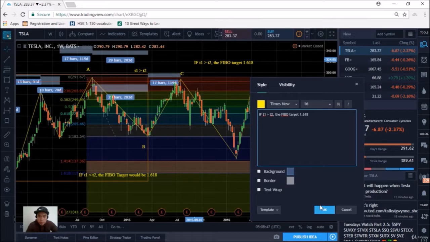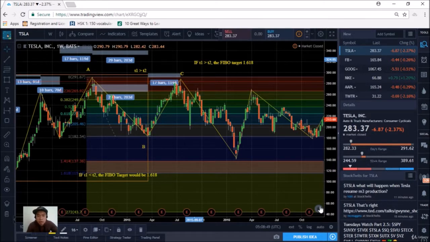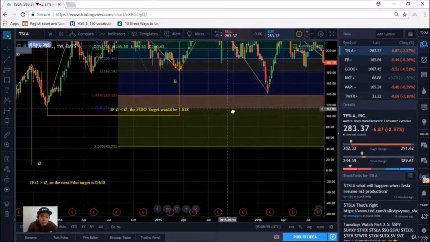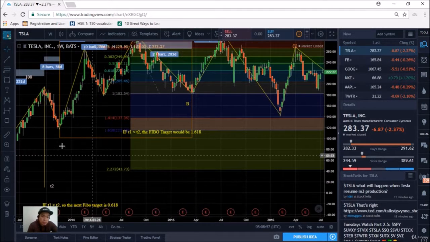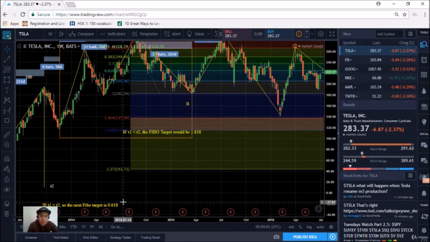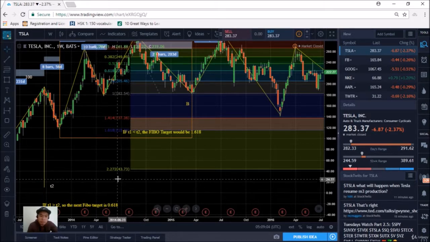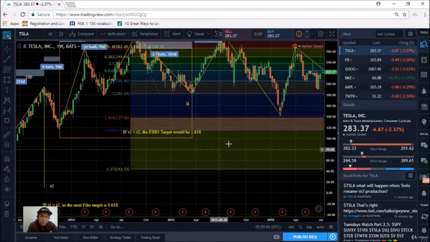So it's a mirroring of the upward market. You can see that if T1 is more than T2, the Fibonacci target is 0.618 for the upward market.